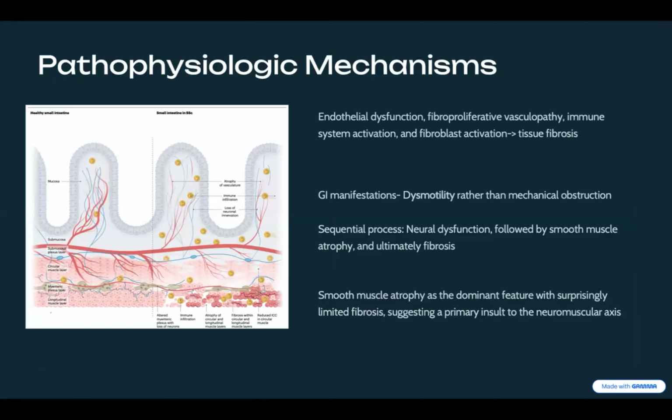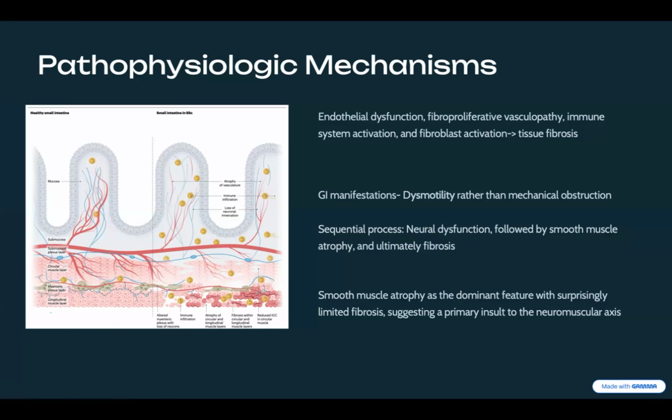Just before going to the clinical manifestations, the pathophysiological mechanism is important. Why? Because, as in the previous presentation, Gayatri ma'am was talking about the vasculopathy panel. We know the pathology of systemic sclerosis is predominantly the initial endothelial dysfunction and the vascular abnormality, which leads on to significant tissue hypoxia.